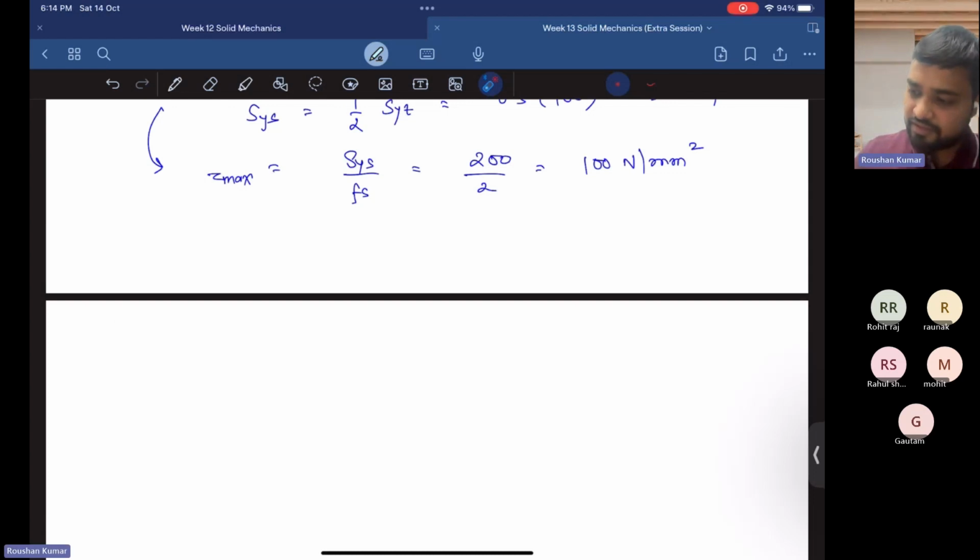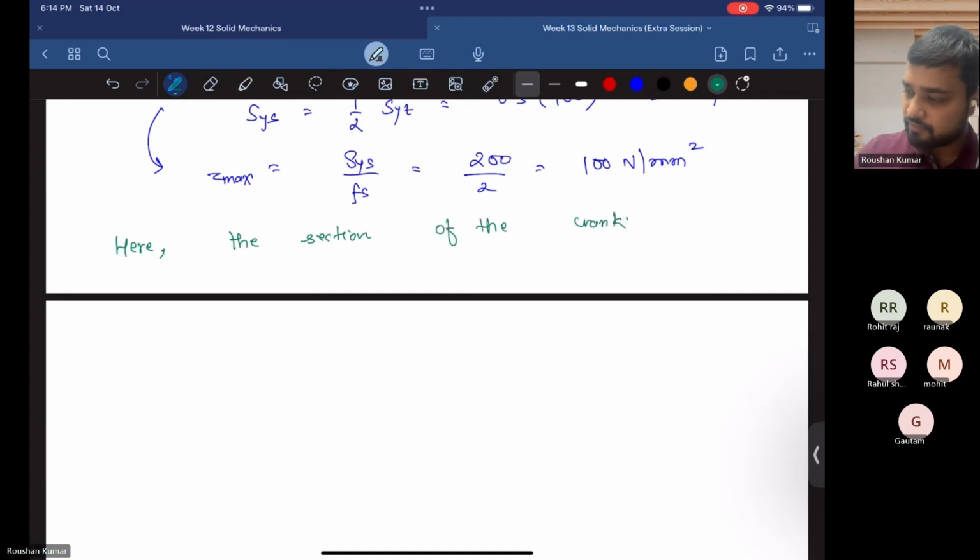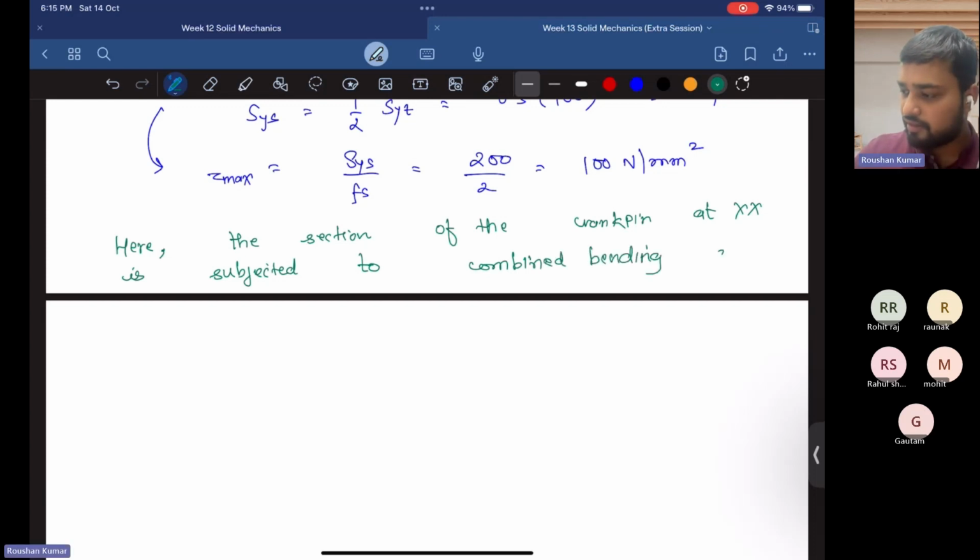The section of the crank pin at x-axis is subjected to combined bending and torsional moments.